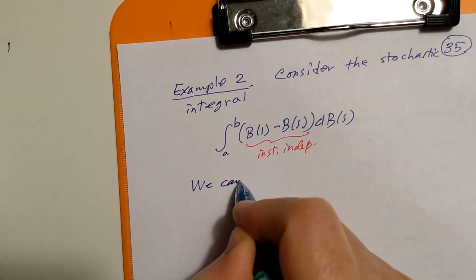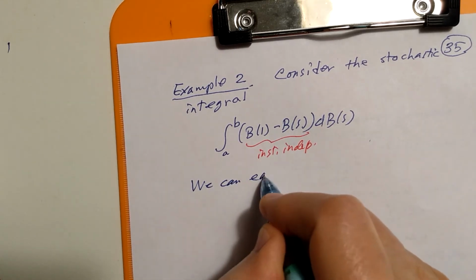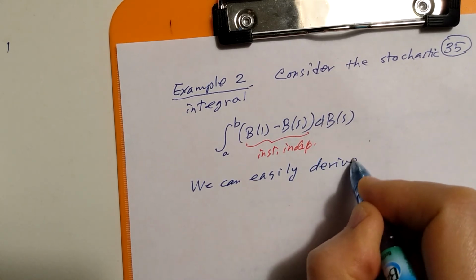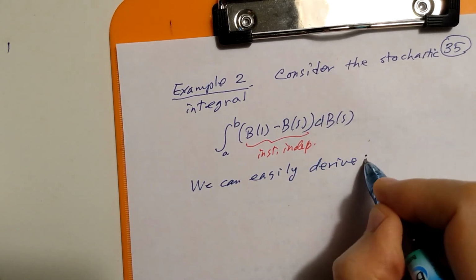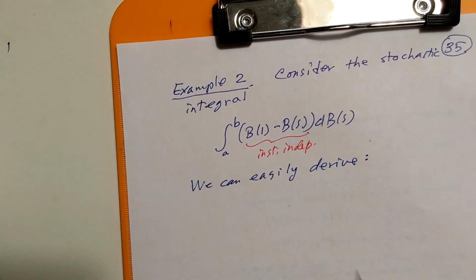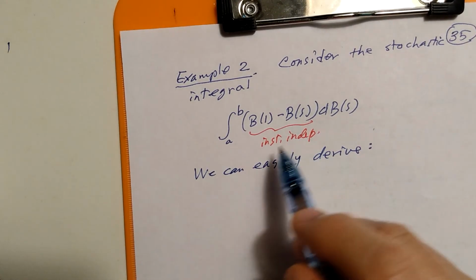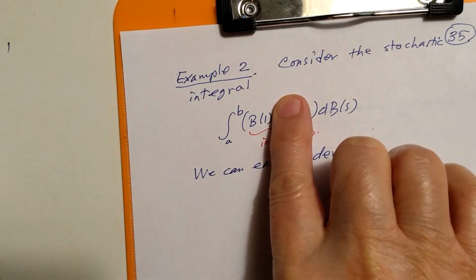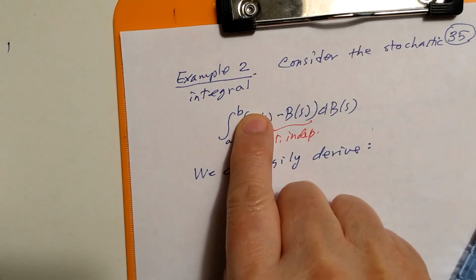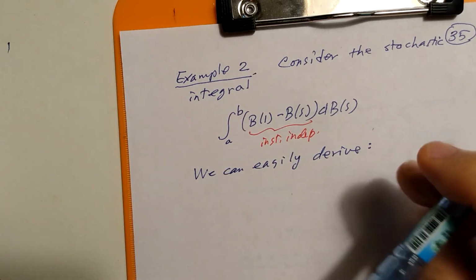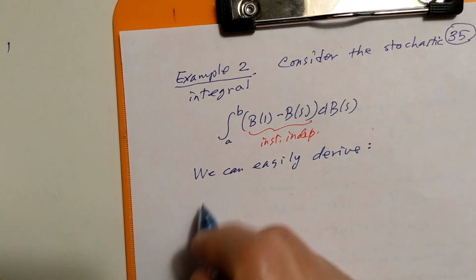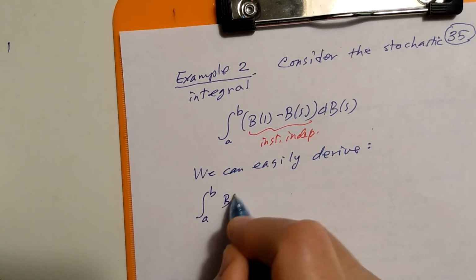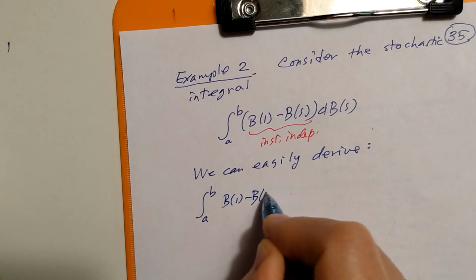We can easily derive it. There are several ways to do it. You can apply the definition, or you can find the integral from A to B of B1 and the integral from A to B of Bs, and then put them together. So in any case, it is easy to evaluate this new integral.